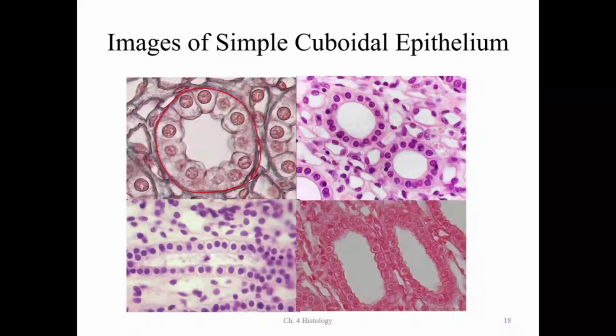A tube, as you look at it from the end, would look like that top left picture. We can see that there is one layer of cells, and these cells are very boxy. One layer of cells and they're boxy. Really good.